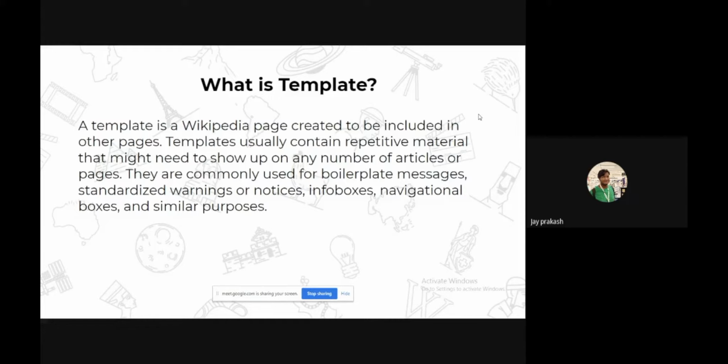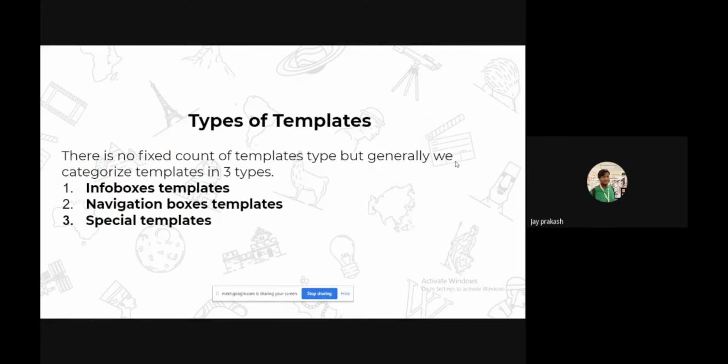They are commonly used for boilerplates, messages, standardized warnings and notices, info boxes, navigational boxes, and similar purposes. There is no fixed type of templates, but generally we categorize them in three types. First is info box templates, second is navigation templates, and third is special kinds of templates.